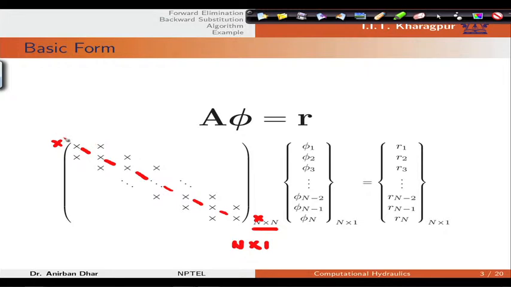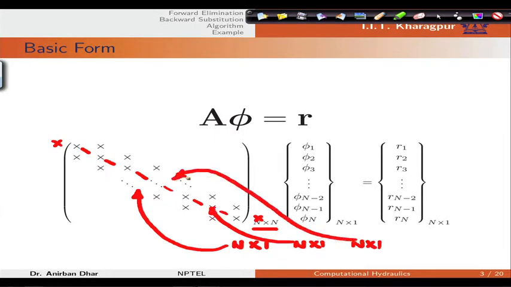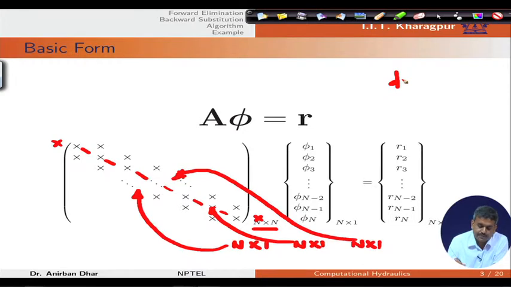Although we know that this value is a dummy value, to keep the size consistent with the diagonal term, we will store this one extra value here, n cross 1. So, this is for the lower one, this is for the middle one, and this is for the upper one. Let us say we are defining it with a diagonal term, a below diagonal term, and an above diagonal term.